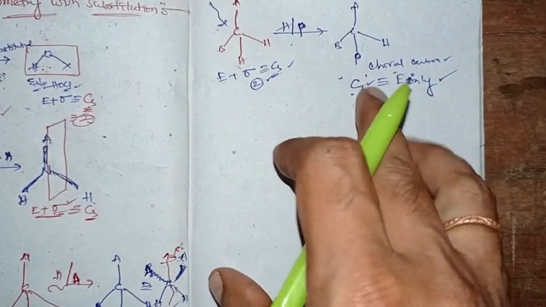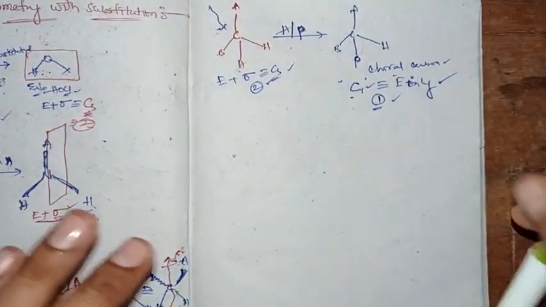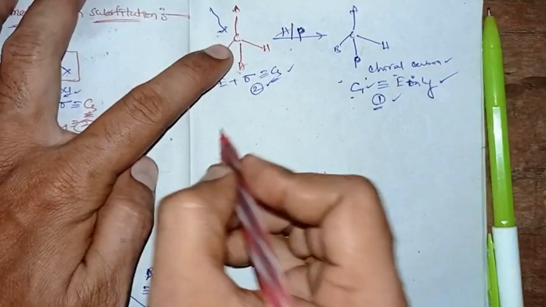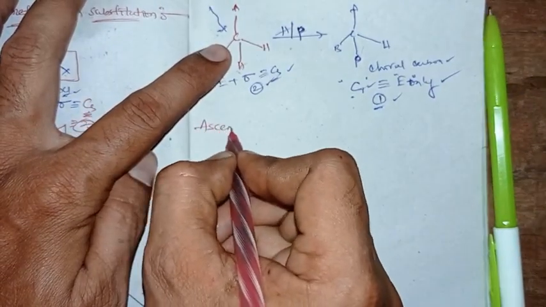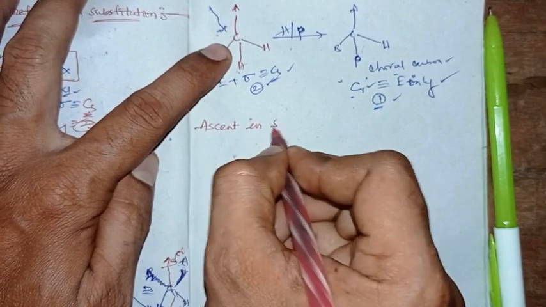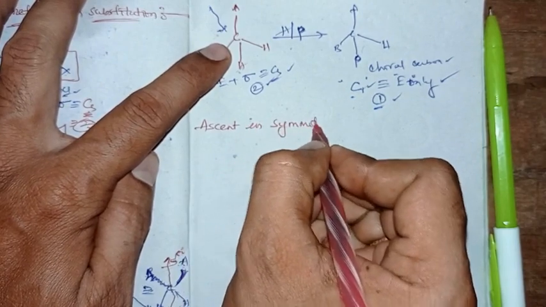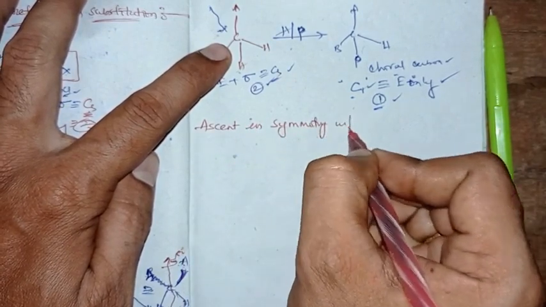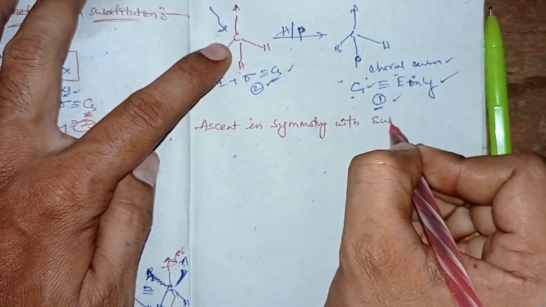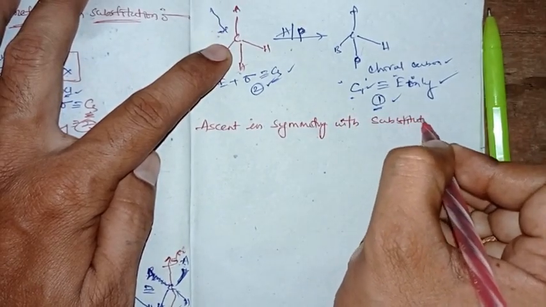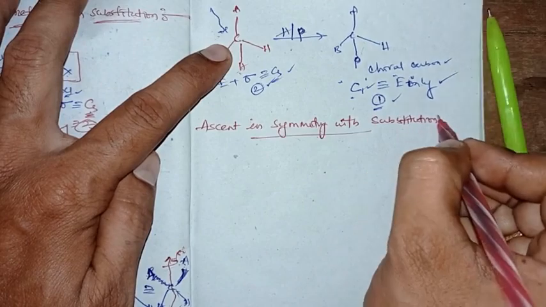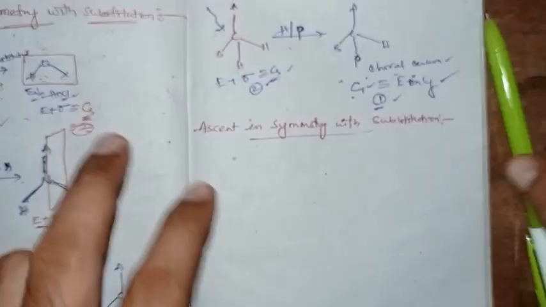That means a descent in symmetry. Sometimes we can also observe an ascent in symmetry with substitution. So here we have to take the reverse.